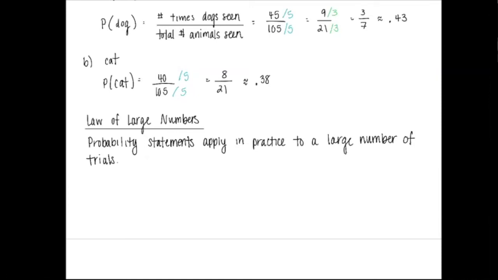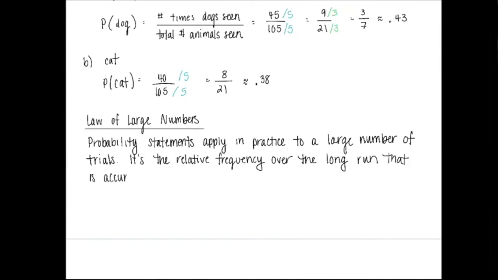It's the relative frequency over the long run that is accurately predictable, not individual events or precise totals.